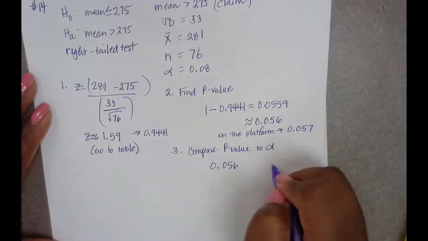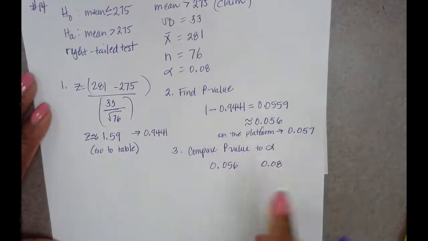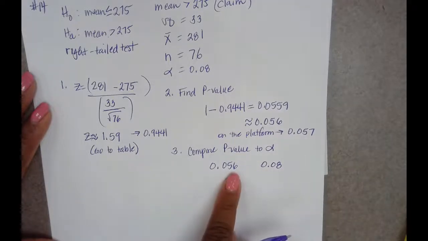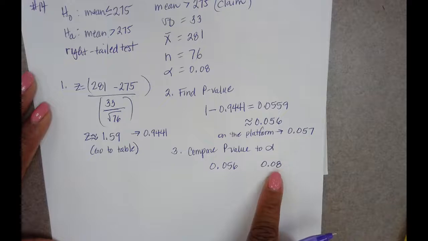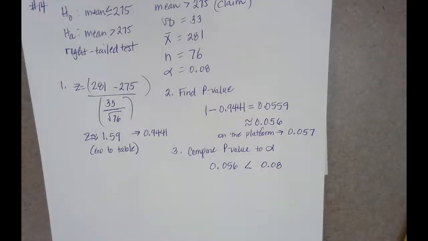And we're going to compare that to 0.08. That's the reason I said it doesn't matter, because it's a thousandth of a point. So at any rate, this level of significance is much greater than my p-value.